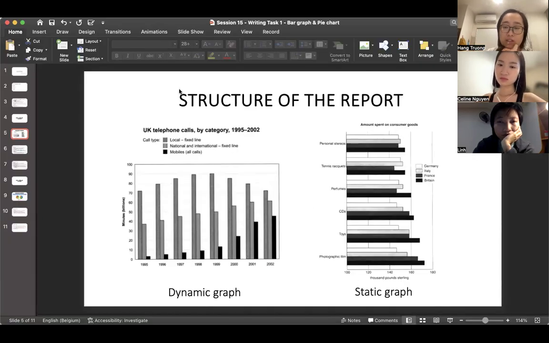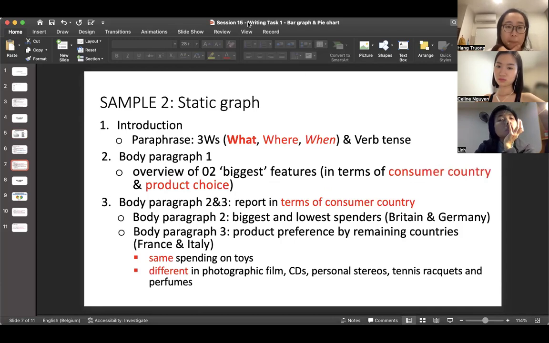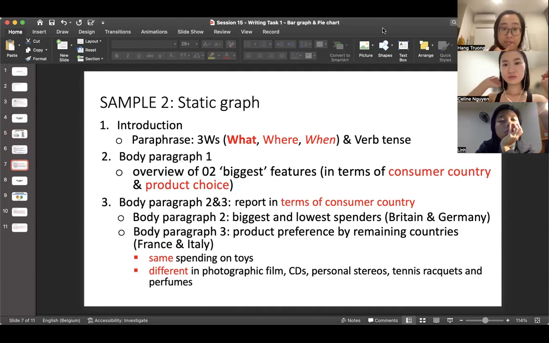Okay, so now let's look back at the static graph, body one. Sorry, overall paragraph here. Okay, so because this graph is kind of more complex than the first one, even though it doesn't have any time, they kind of divide it into 3 body paragraphs, right? So the first one is to report the most comprehensive trend.